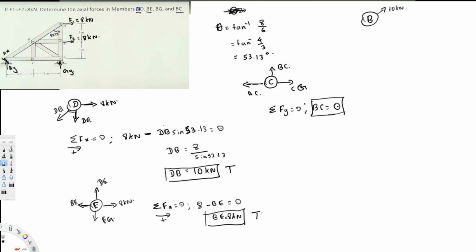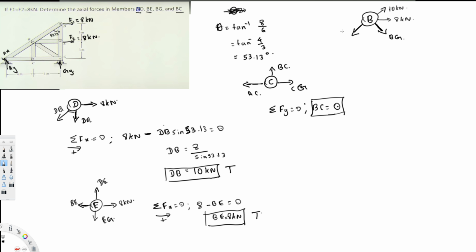Then we have BE that we have also found, that's 8 kilonewton. And also BG, that's what we have to find. BC is a zero force member, so we don't have to put that here because there's no force on it. It's a 0. And the next one is BA.